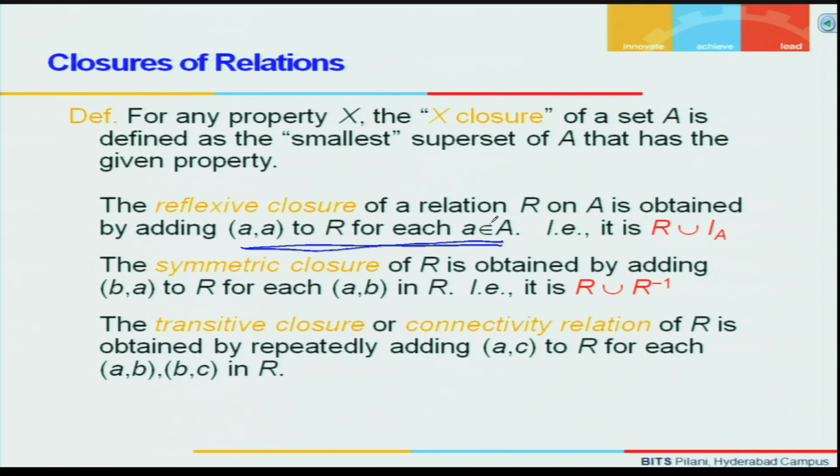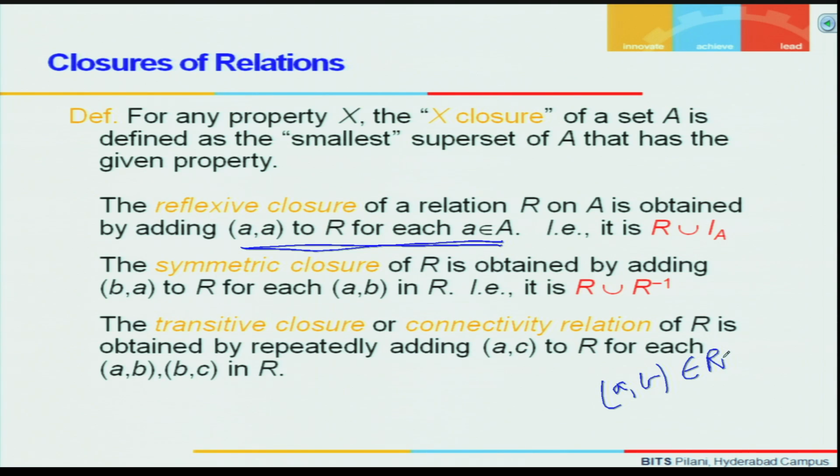Similarly, what is symmetric? Given a relation R, it need not be symmetric, isn't it? What I mean here is, (a, b) is in R doesn't mean that (b, a) is also there in R. It may be there, it might not be there. If it is there for all (a, b), then you say it is symmetric.